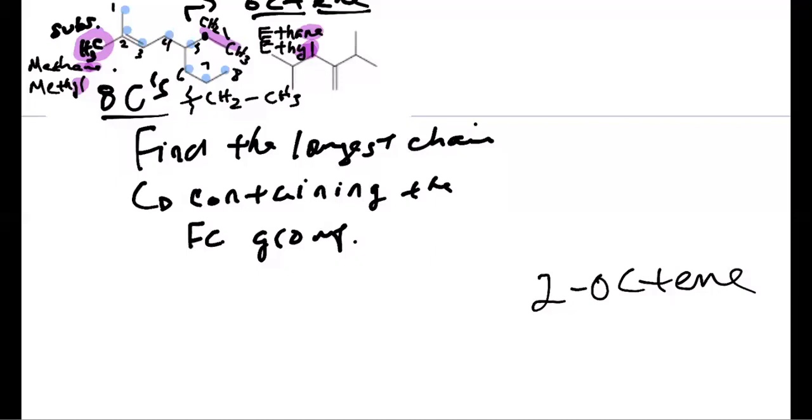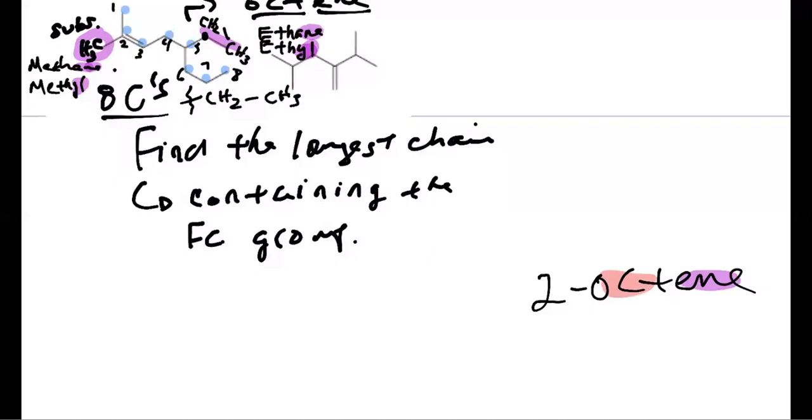That's telling me that in that 8 carbon chain, the double bond starts at carbon 2, and the other carbon involved in it is 3, but we give it the lowest number, so it's 2-octene. Again, the ene is the suffix. That means there's a double bond present. The oct is the parent, right? Tells us how many carbons in the chain.